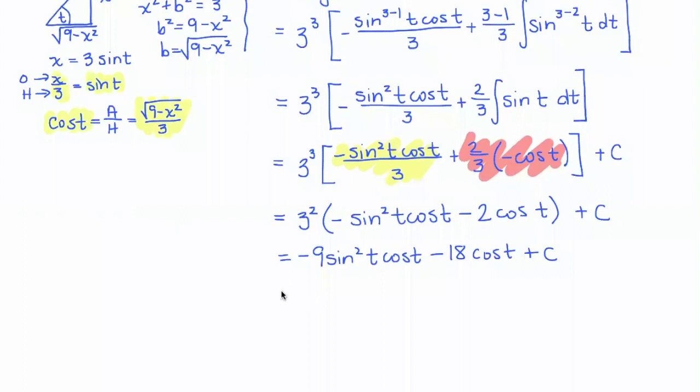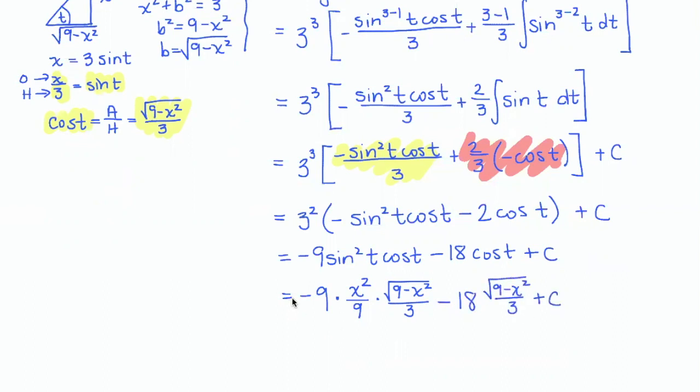I'm going to put that in. So I have -9. If I square my sine, I need to square the numerator and the denominator here. So I'm going to have times x squared over 3 squared, or 9. You can see how convenient that's working out. That's my sine squared times cosine minus 18 cosine of t.